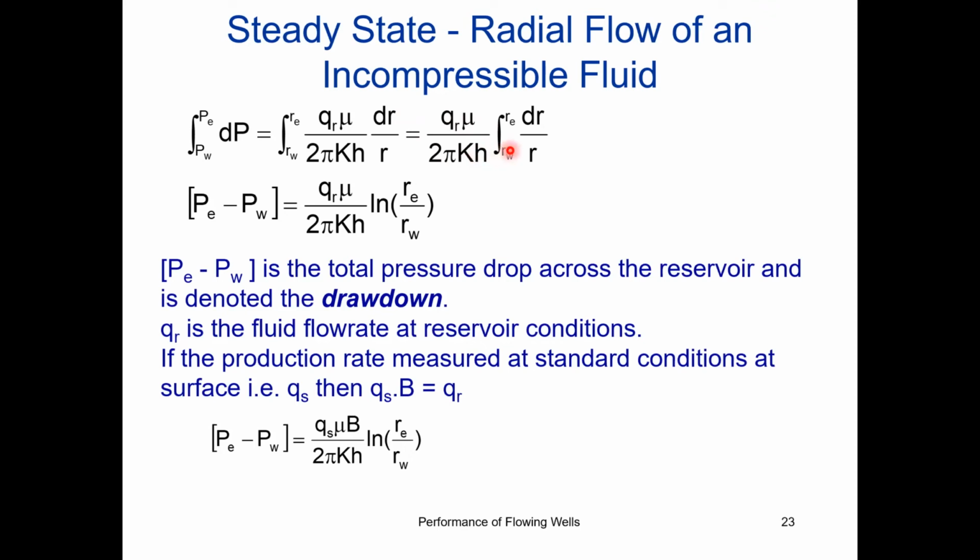So the thing that will change is dr to r, and that would be the natural logarithm of RE divided by RW. PE, the boundary pressure, minus P, the reservoir bottom hole pressure, is equal to the drawdown.